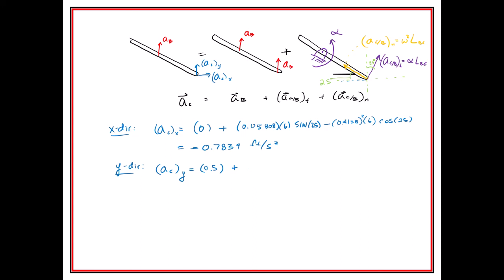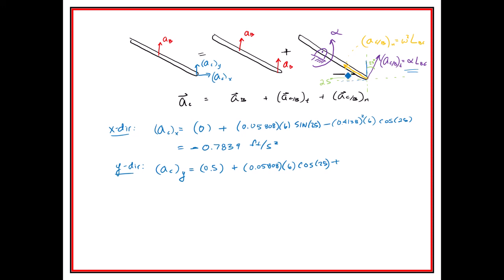And then let's take a look at the tangential direction. That is upwards. You can see over here, that's an upwards of 0.05808 times 6 times the cosine of 25, and we add in, it's going to be adding, we have a positive because it's in that direction.